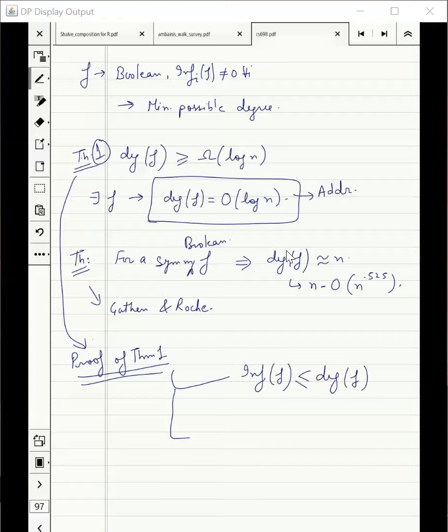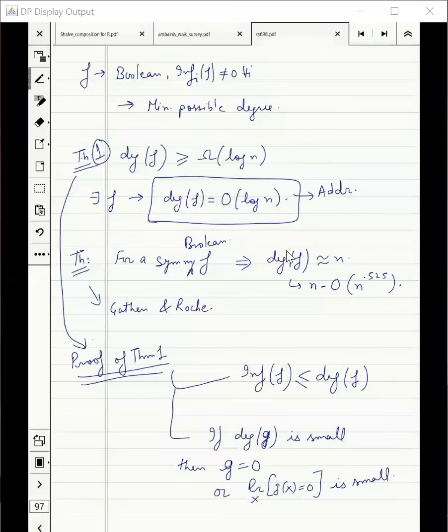Second thing is that if degree of any function g is small, then either g is equal to 0 or the probability that g is not equal to 0 is small.